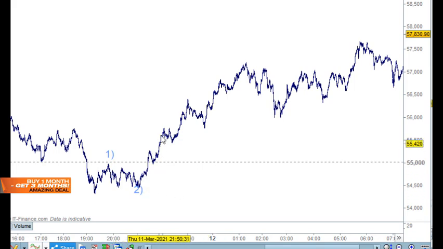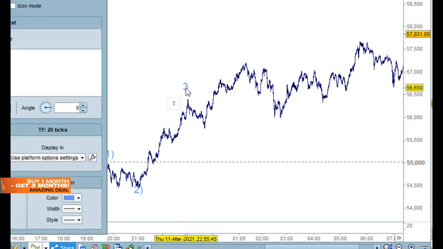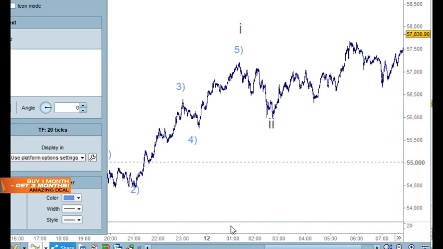So we need to look at this as 1, 2, 3, 4, 5 here for the third wave. This is the best way to learn Elliott Wave, by the way, guys, is just to go to a tick chart and start counting 1, 2, 3, 4, and 5. So that does make the wave 1. ABC for wave 2 with the A wave 1, 2, 3, 4, 5 here for that. Wave 2.